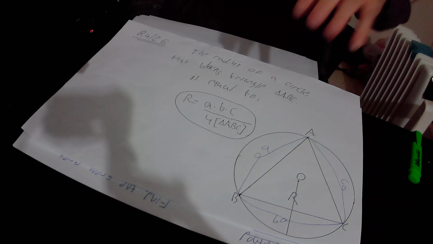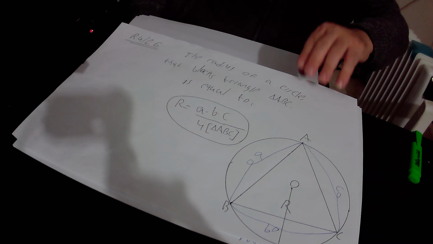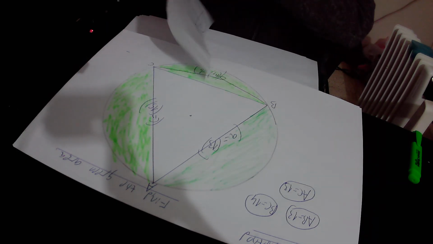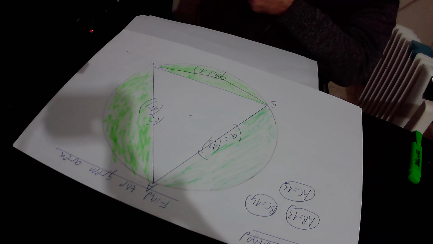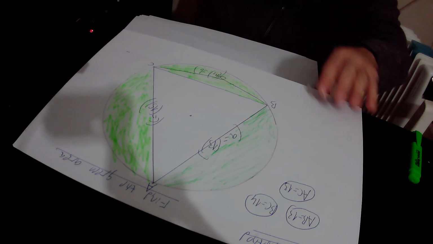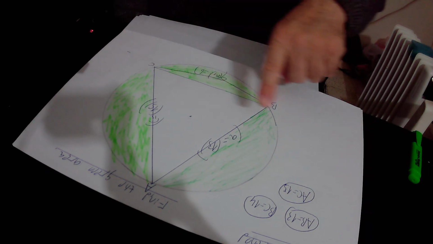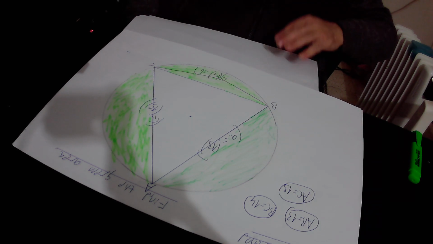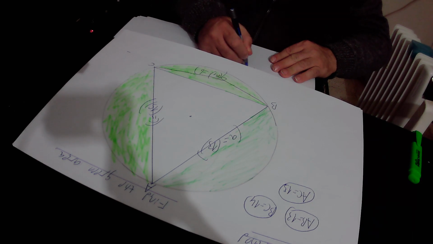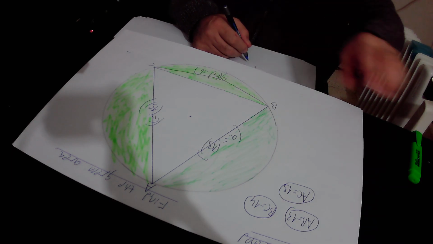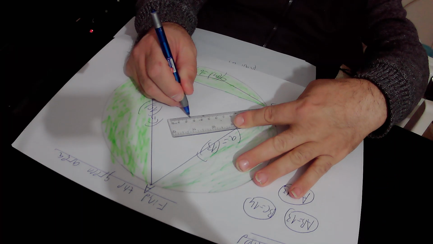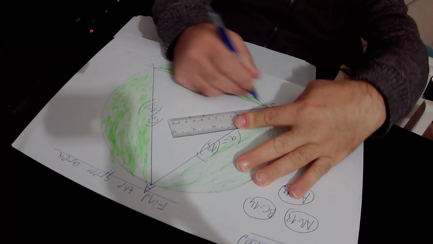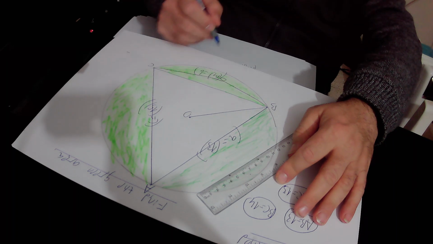So actually we can implement rule number 6 in our drawing. Why? Because in our drawing we have a circle that blocks triangle ABC. So according to rule number 6, we define the radius of this circle as R. Point O is the center of the circle.